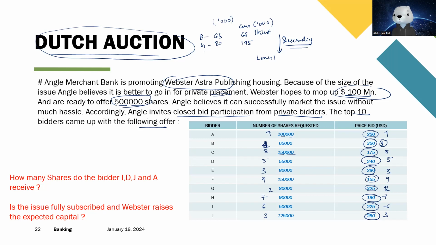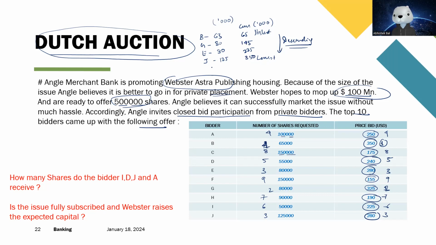Now followed by E, who has quoted again 80,000 shares. So we add 80 to this. This becomes 225. Followed by again one more, that is J, that has quoted 280 for 125,000 shares. So if we add 125 out here, we will get 350 cumulatively.